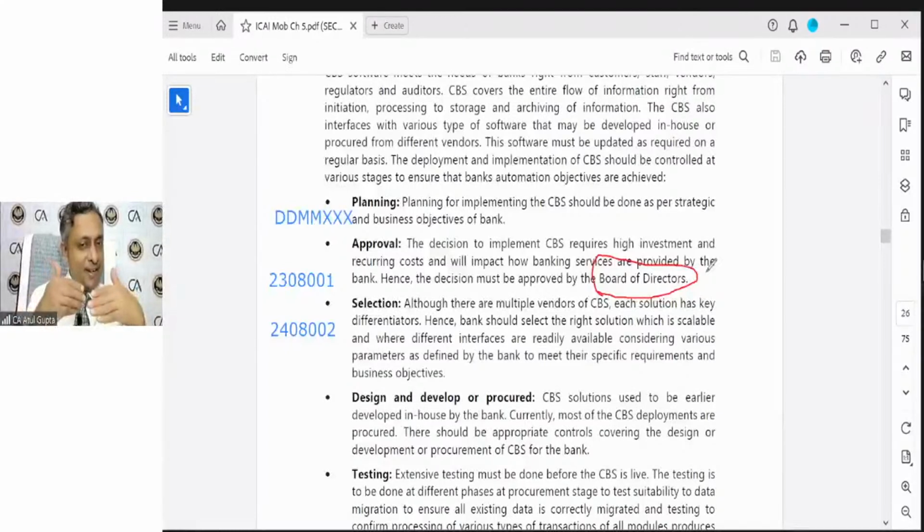Now, I'm asking you a real tough question. On the approval, I have highlighted board of directors.